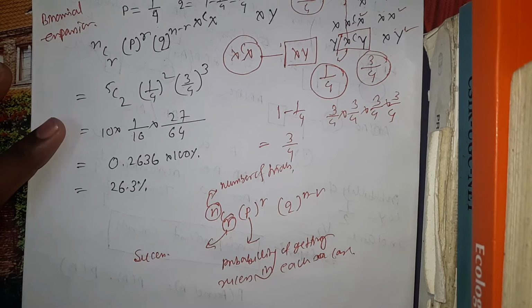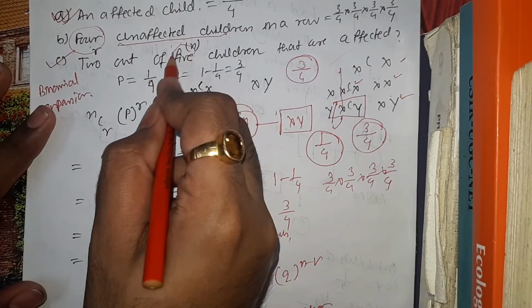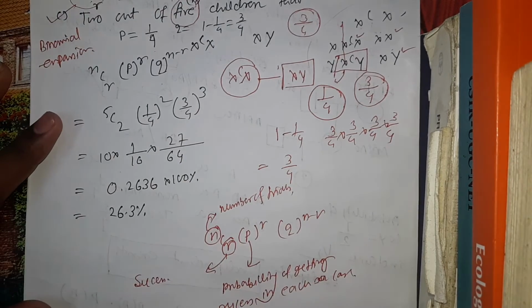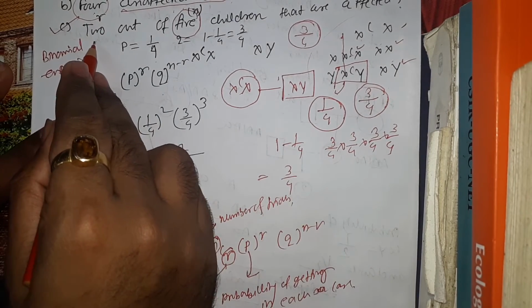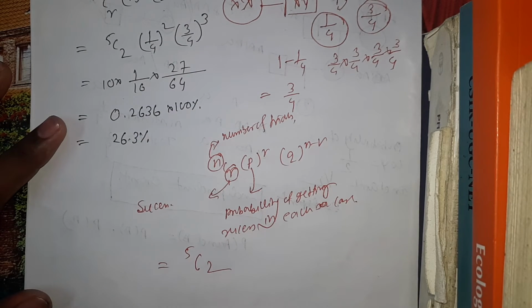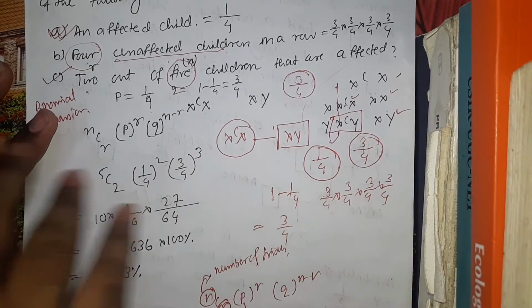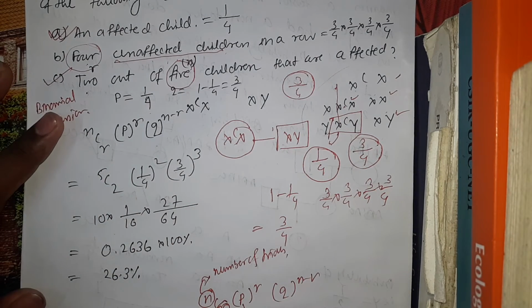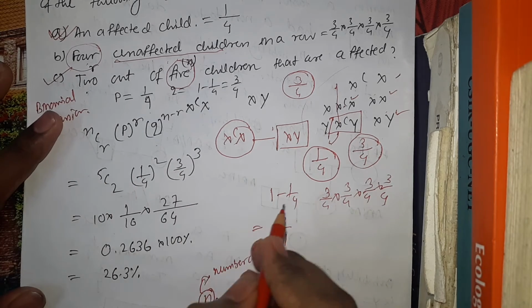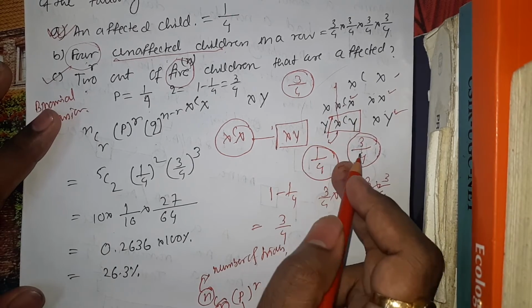So let's read the question again. 2 out of 5 children. That means the number of trials is 5, and the success is 2 out of 5, that means 2. The success in each case, that is our p, is an affected child.